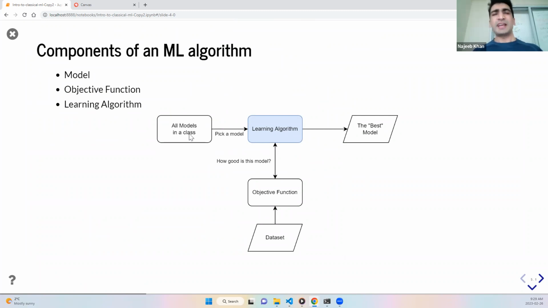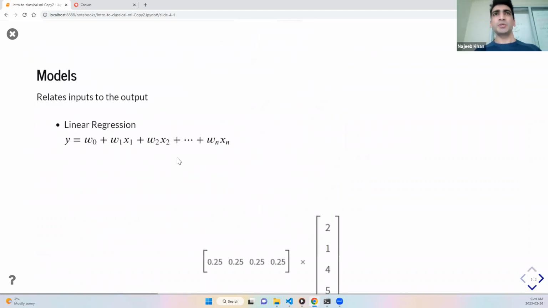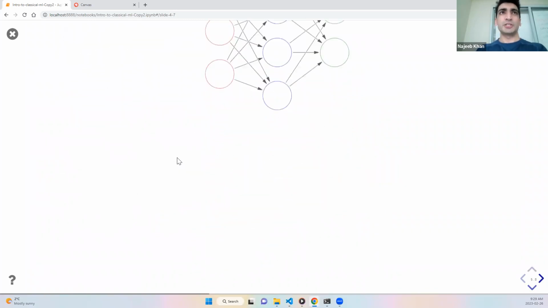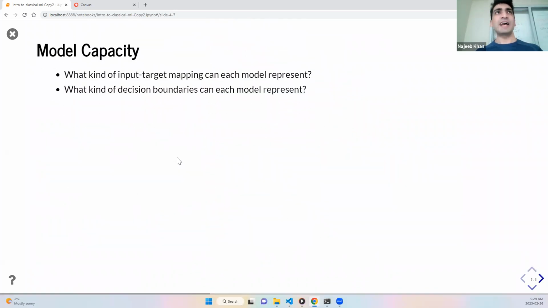So you might be thinking, which one do we choose, or what are the differences between these different classes? That's the model capacity. An important property of classes of models is what kind of input-target mapping each model class can represent, and what kind of decision boundaries each model class can represent.